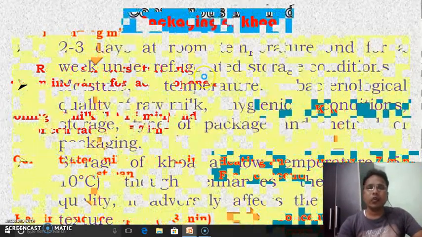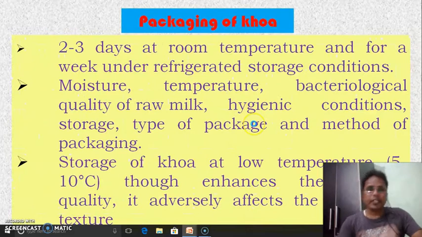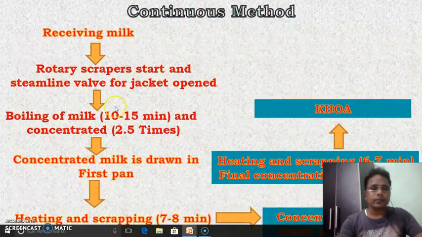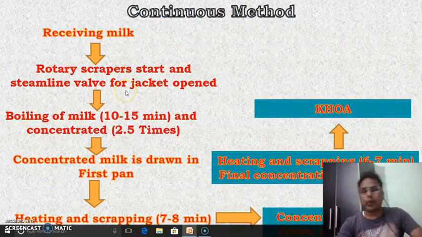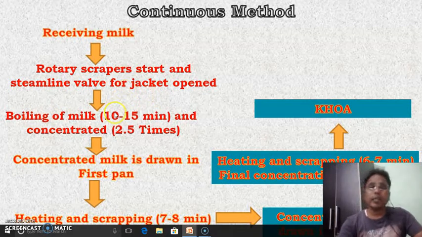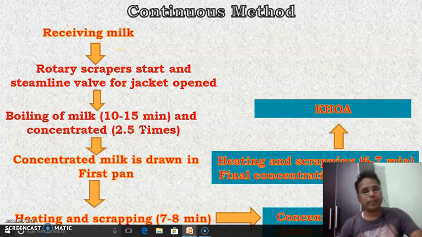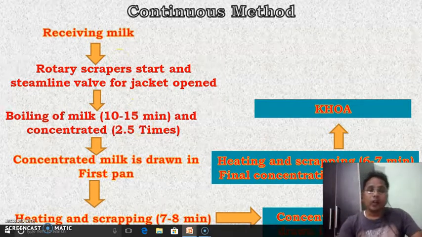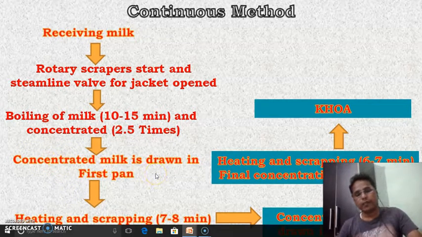When it is open, the milk starts to boil, and the milk should be boiled for 10 to 15 minutes, and it is concentrated 2.5 times. And this concentrated milk is drawn in the first pan.